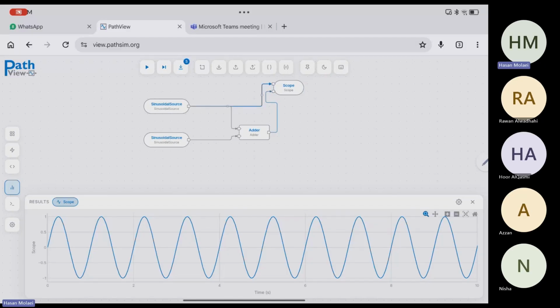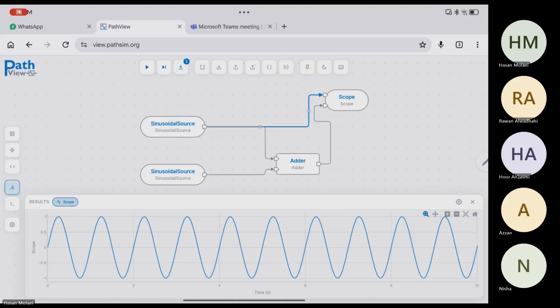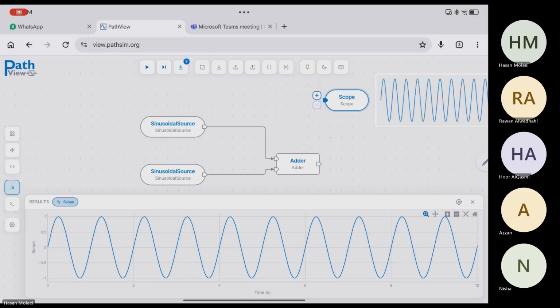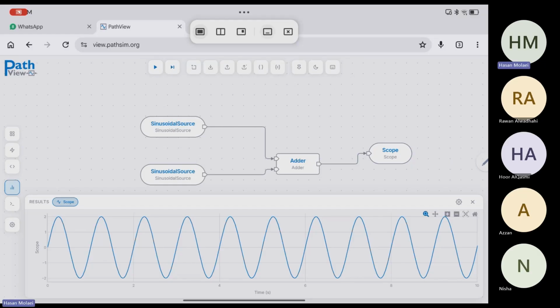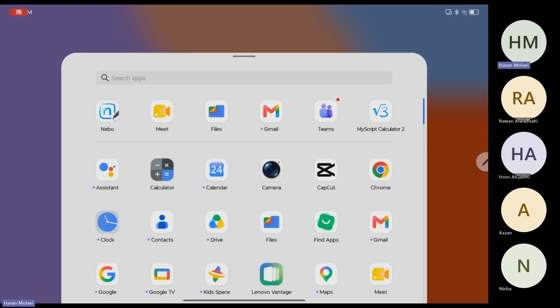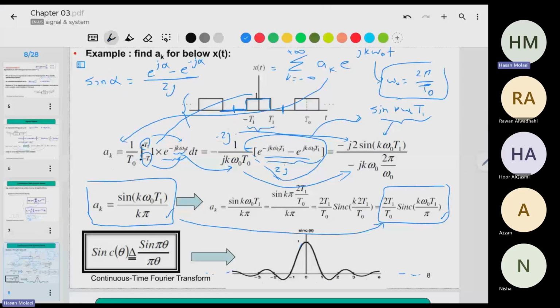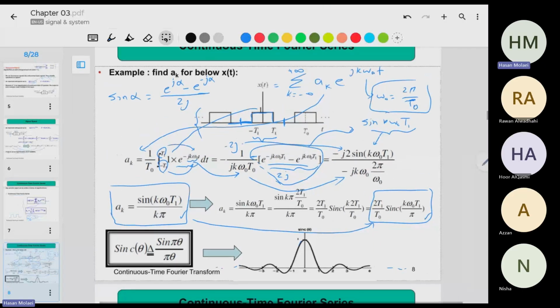If I write the same, okay, this is the same. You still have a sinusoid. But I want to make one square wave like the one I have here. So what should I do?